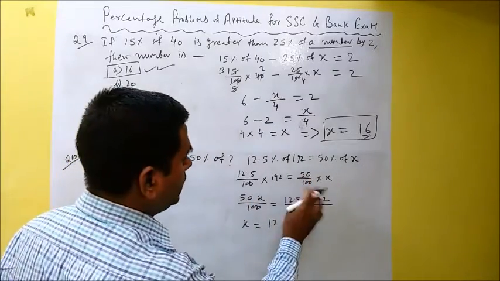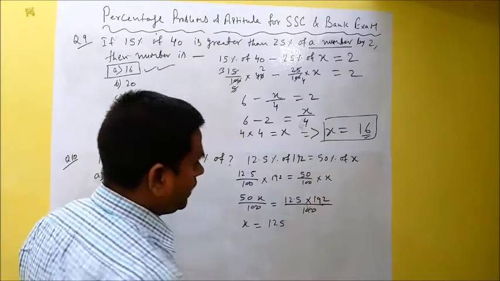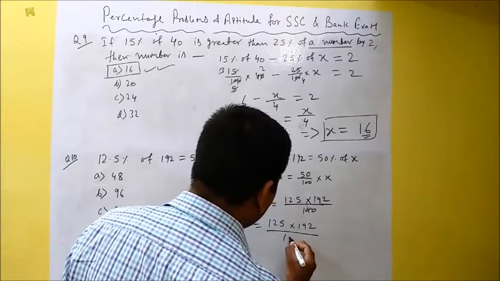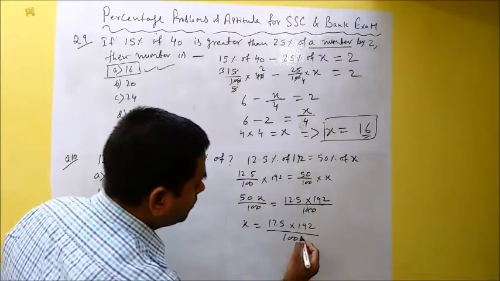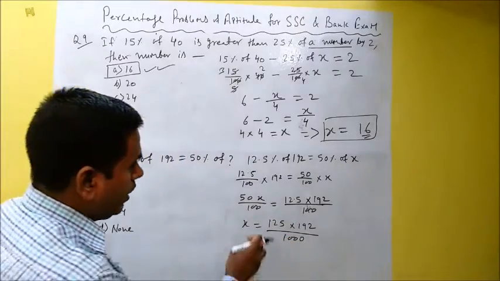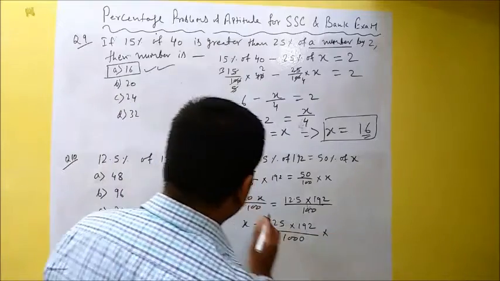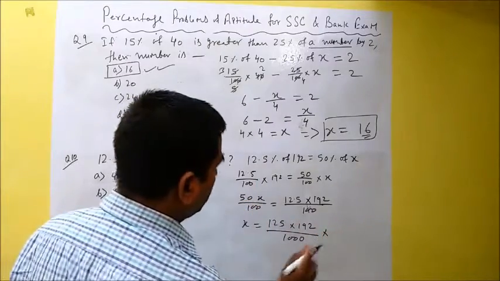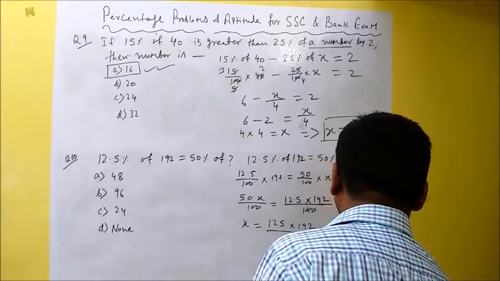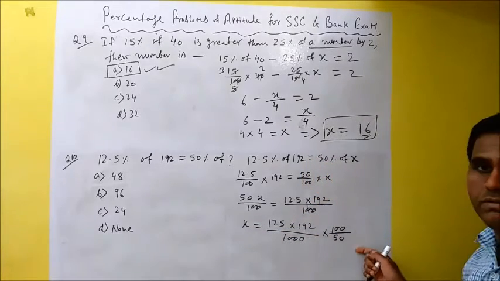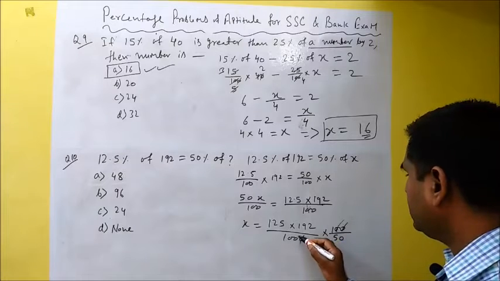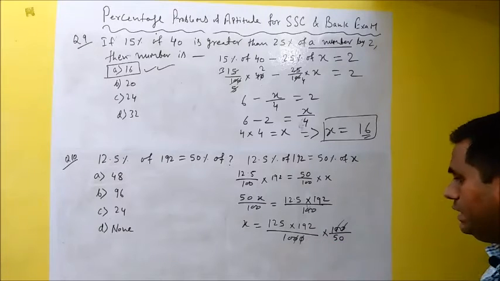I am removing the decimal from 12.5, so it becomes 125 into 192, and since I am removing the decimal, this 100 will become 1000. I have to increase it by a factor of 10 here. Now this 50 upon 100 will come to the RHS. It will become 100 by 50. So you can see here, this is cancelled, only 10 is left.